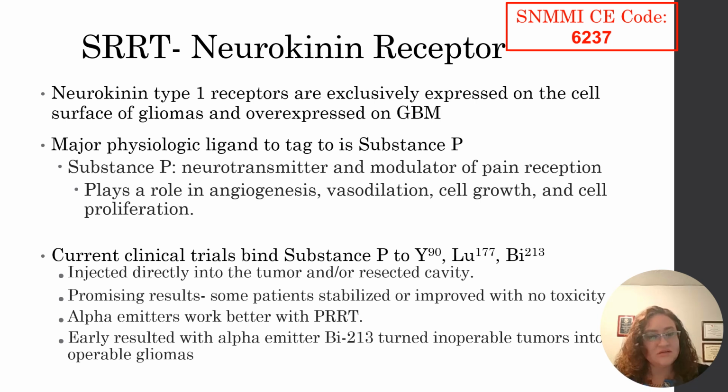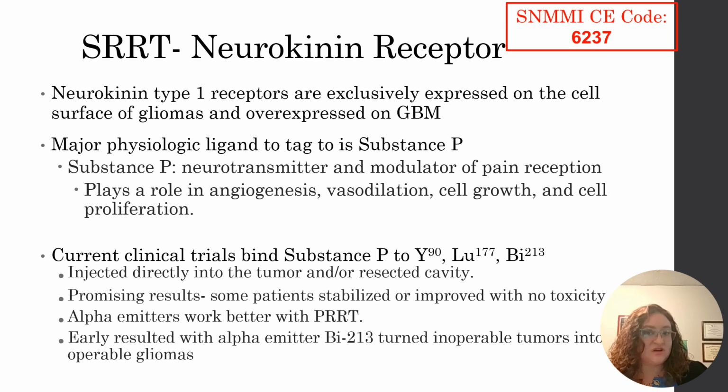So there's a couple clinical trials looking at those as possible agents to tag to. There are some clinical trials that are currently binding substance P with Y90, lutetium-177, or even bismuth-213.